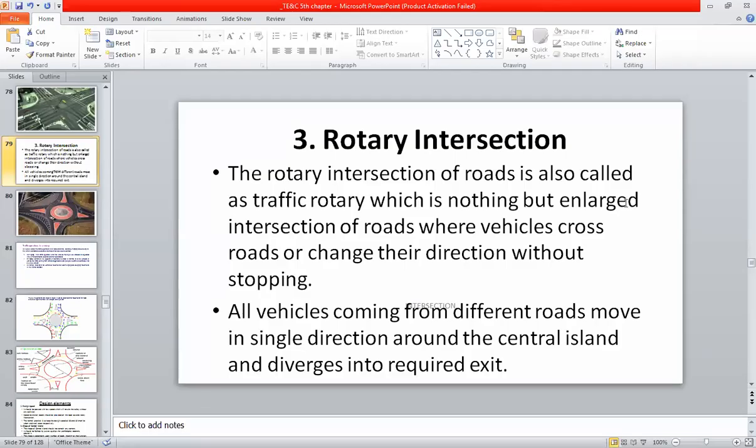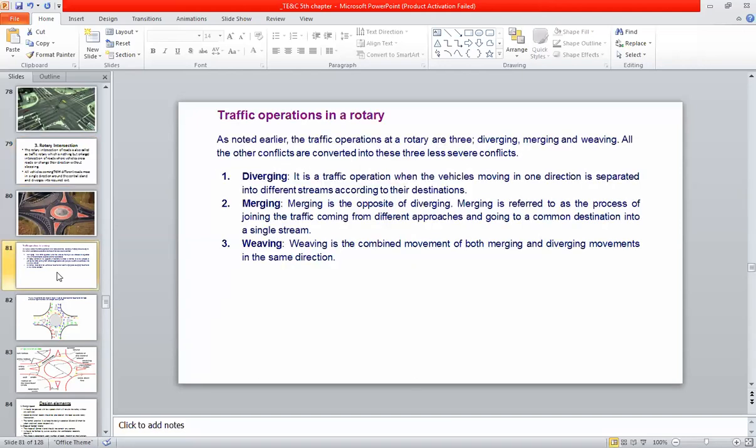So in the previous lecture, we discussed the rotary intersection. What are the different traffic operations involved in the rotary? That is diverging, merging, and weaving, right?